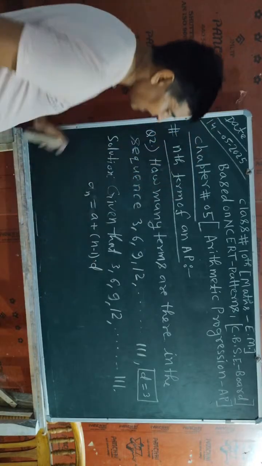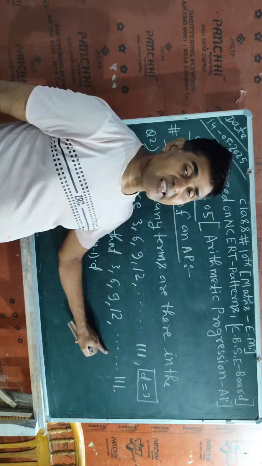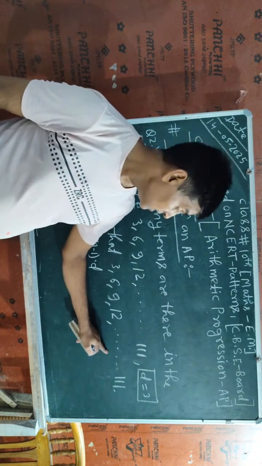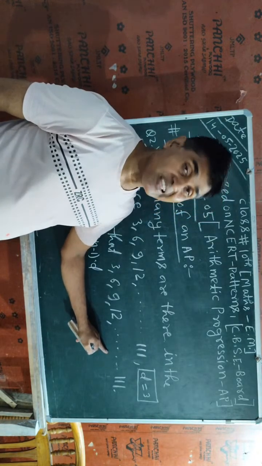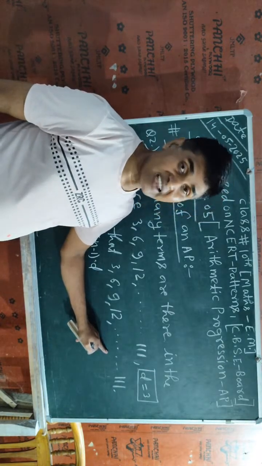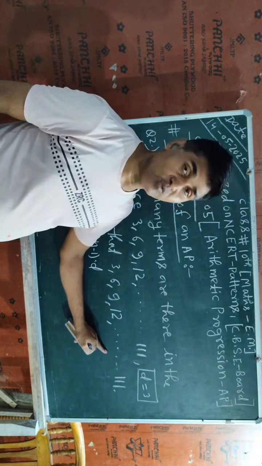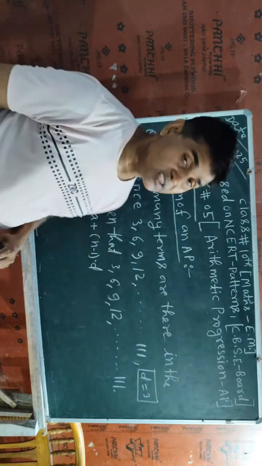Here I do not know how many numbers there will be, so I have assumed there will be n terms. Now after assuming, I will calculate with that formula, and then I will get the value of n, which will be the fixed number of terms available in the sequence.